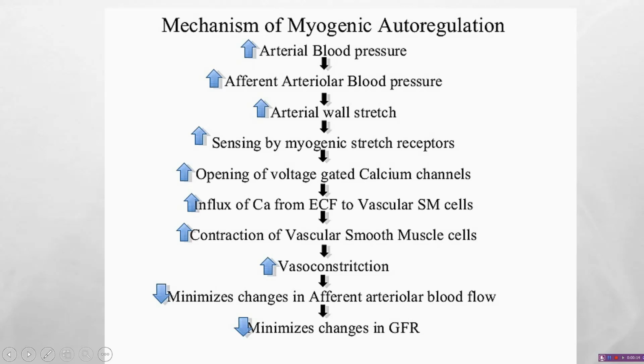This causes arterial wall stretching, and myogenic stretch receptors in the wall respond and get activated. This causes the opening of voltage-gated calcium channels, which increases calcium influx into the arteries, and this leads to vasoconstriction. This vasoconstriction of the arterioles minimizes the changes in the glomerular filtration rate.